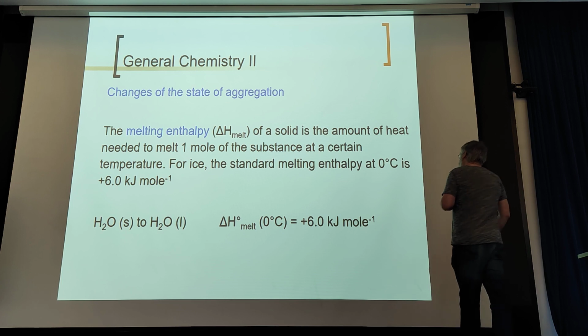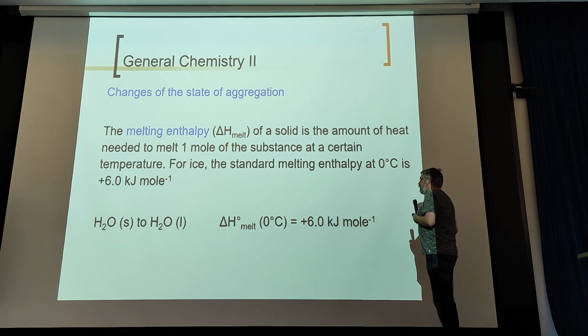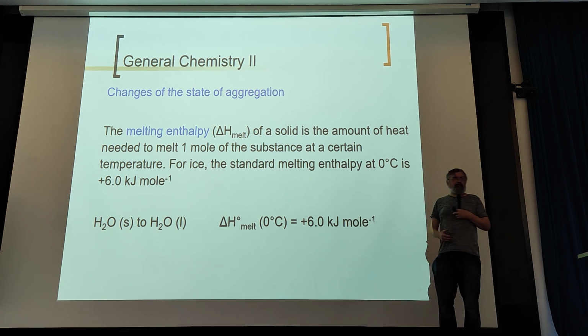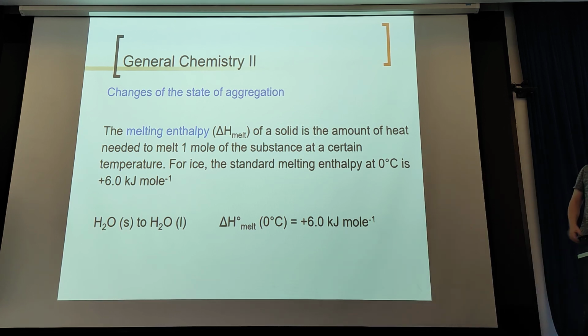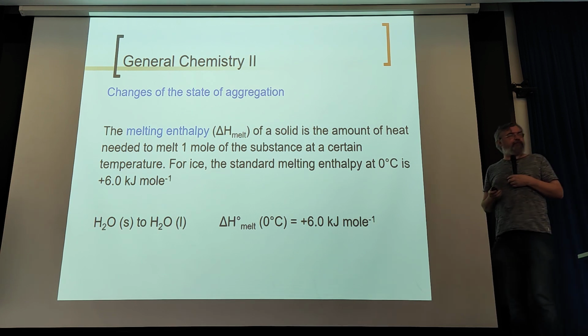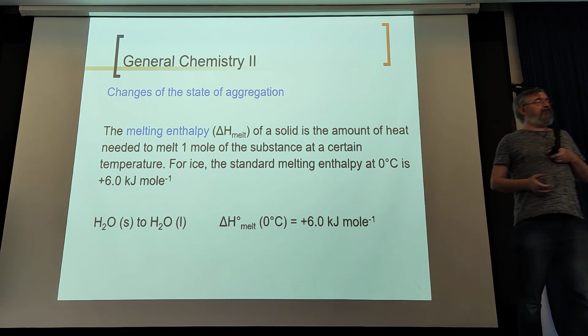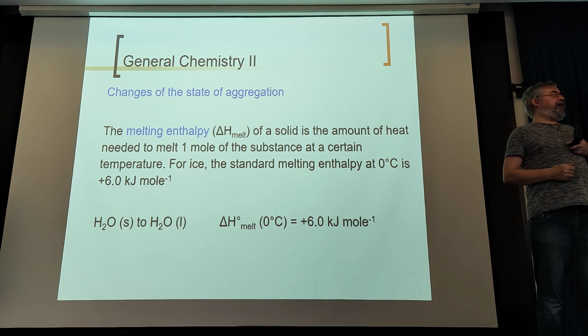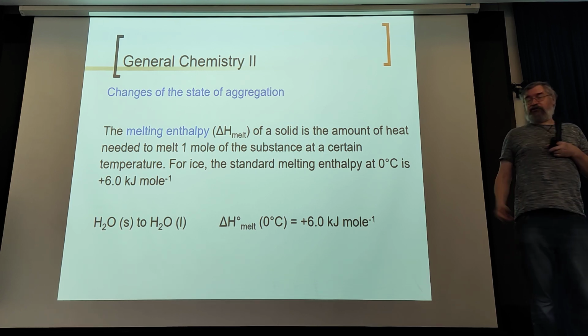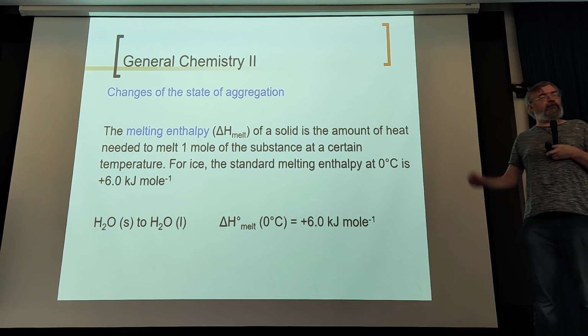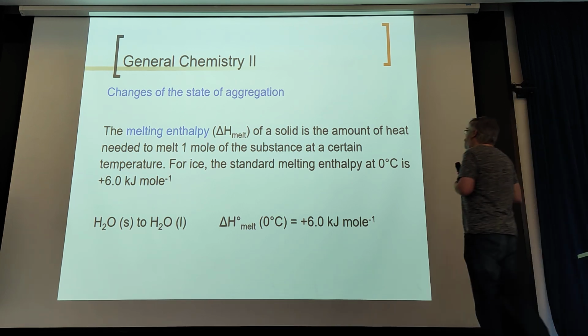This is a relatively low amount of energy, 6 kilojoule, expressed per mole. So for water, 18 gram of water, we need 6 kilojoule to convert it into ice. If we melt 18 gram of ice, we are going to release this 6 kilojoule per mole. This will be minus.